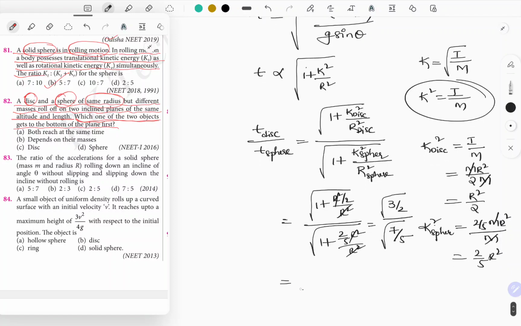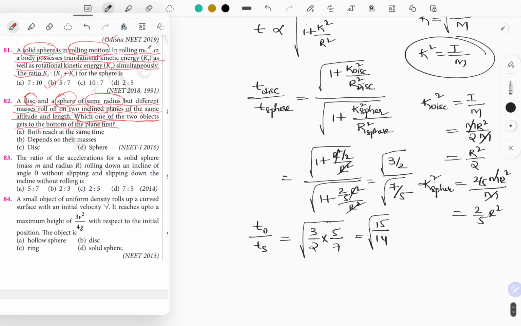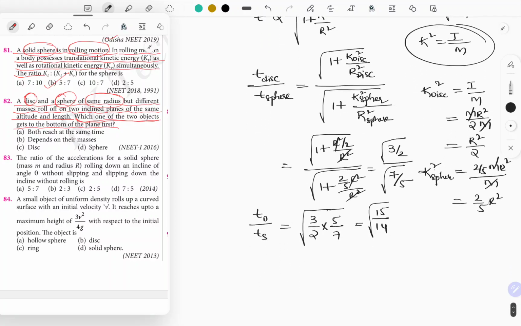Let me represent this as 3 by 2 into 5 by 7, which is equal to root of 15 by 14. This is T disk by T sphere. As 15 is greater than 14, I get a value greater than 1.